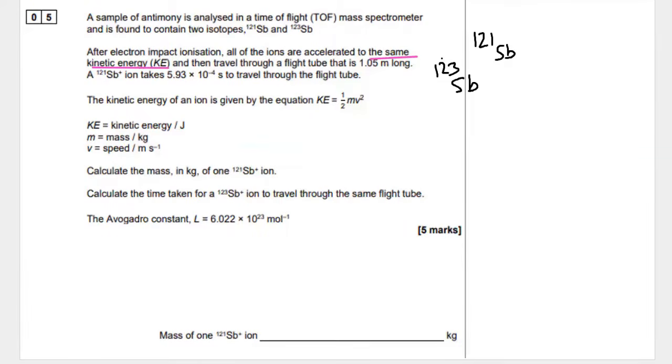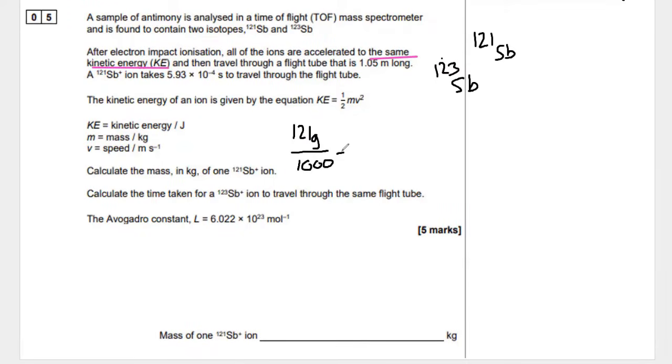So the first step is to calculate the mass in kg of a 121 Sb plus ion. That mass number, of course, is the mass of a mole. So if that is the grams in 1 mole of that ion, we need to divide by 1,000 to convert that into kg.